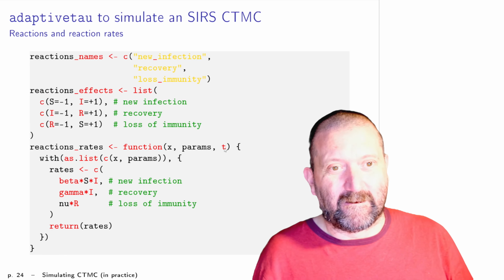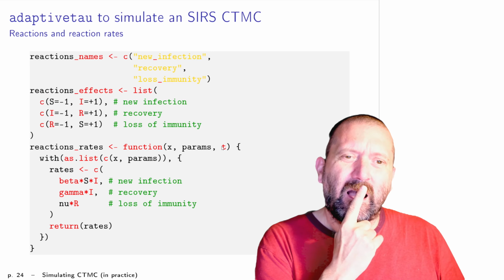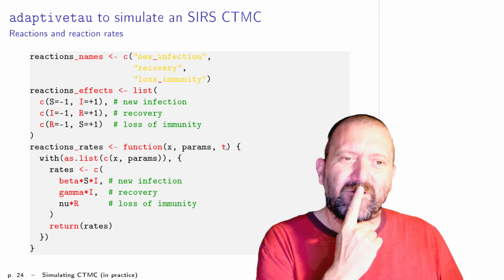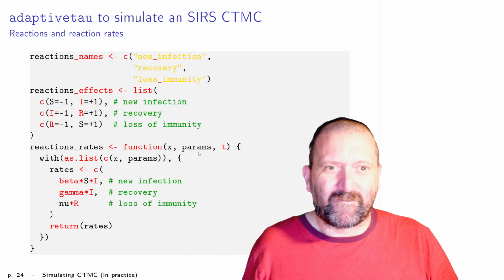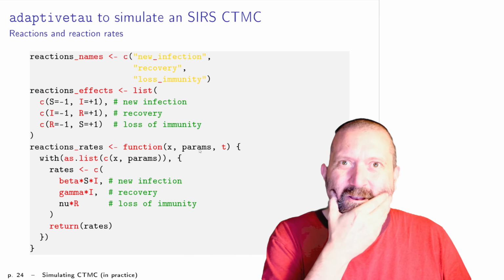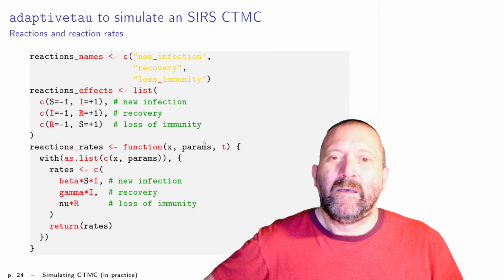This is really convenient. I'm not sure Gillespie SSA2 has time dependence that easily incorporated, but adaptivetau does, which is really useful in some contexts if you have parameters that depend on time.